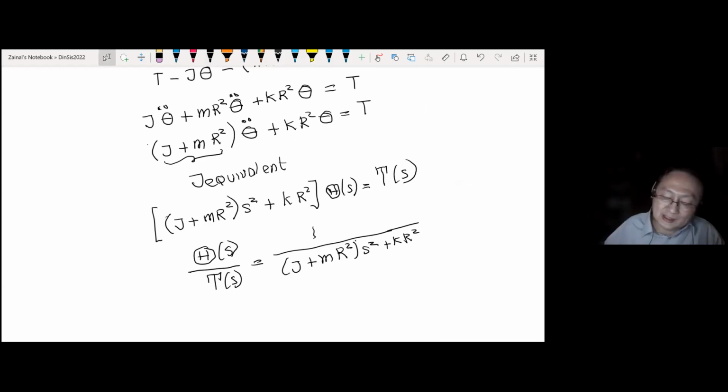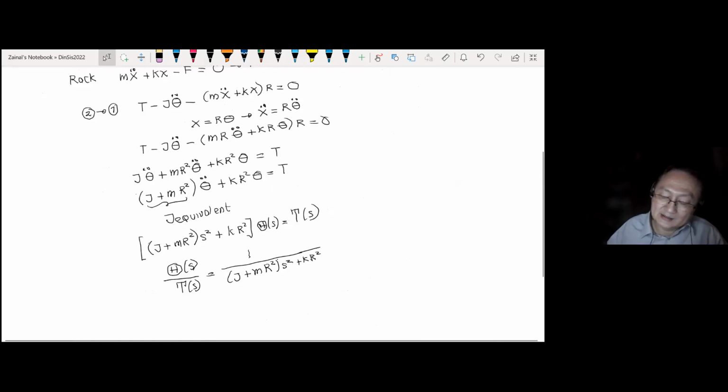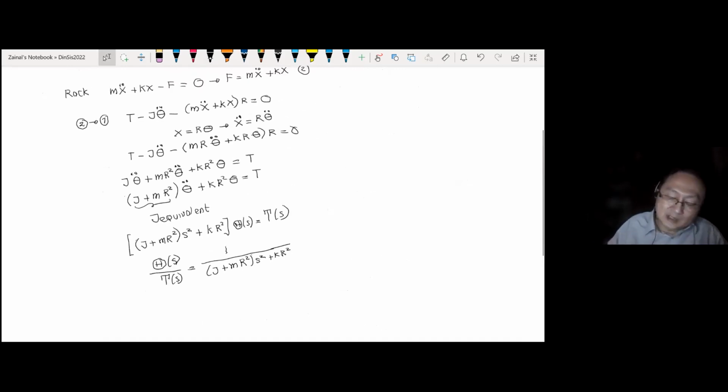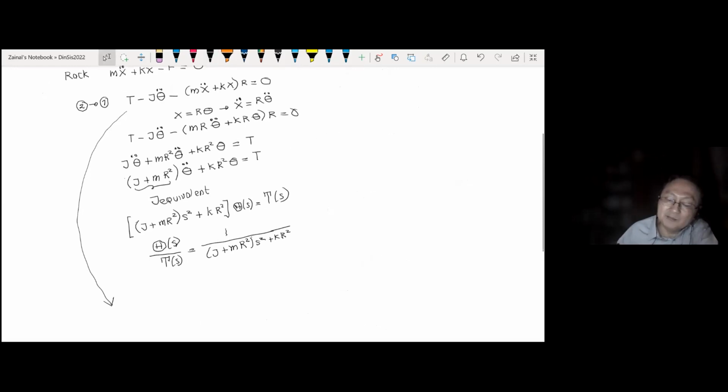Similarly, when you do this one, you can also change into x, because from x is equal to r theta, theta is equal to x divided by r.